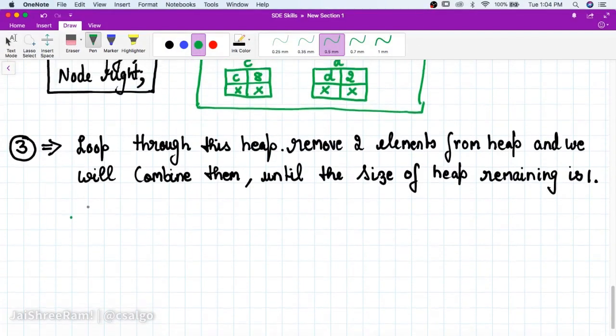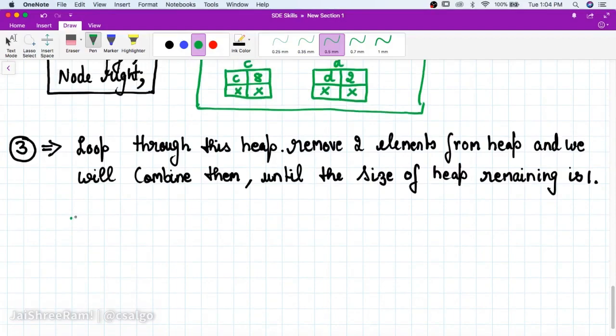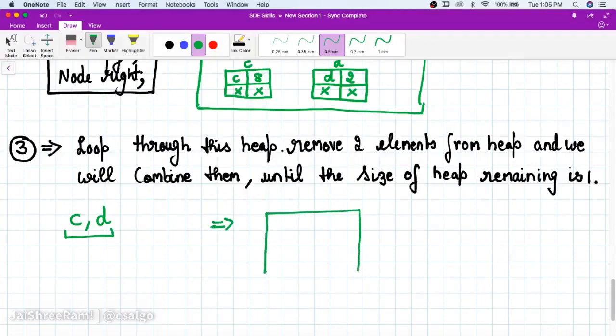The two nodes which will be removed are C and D. Now I will create a new node. For this new node, I will not specify any data. It could be a null character or any character. But the new node's cost will be the sum of the costs of the two nodes being removed from the heap.